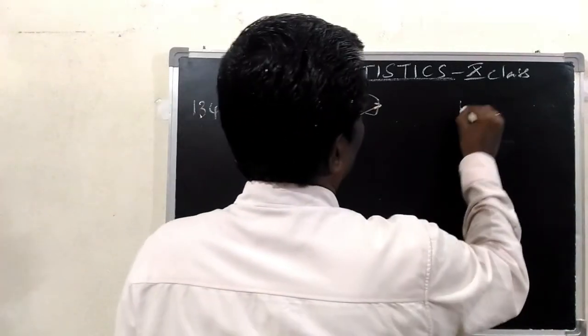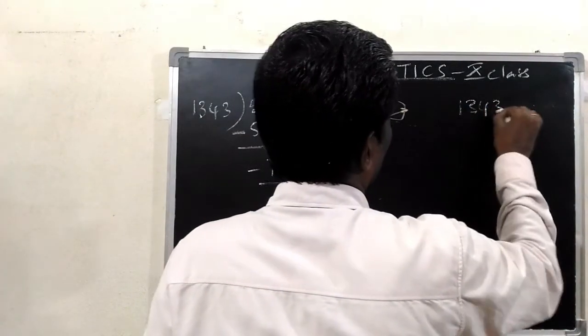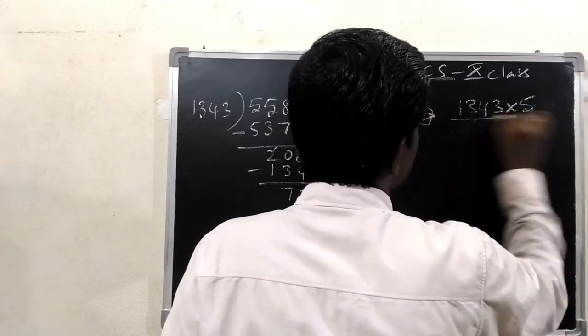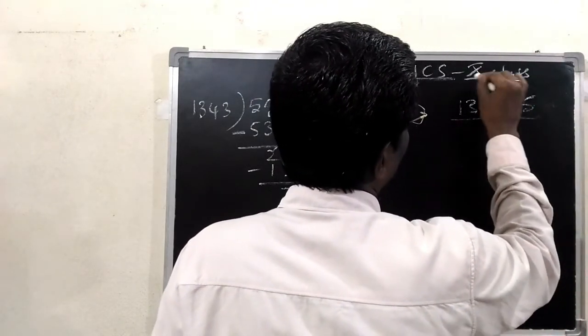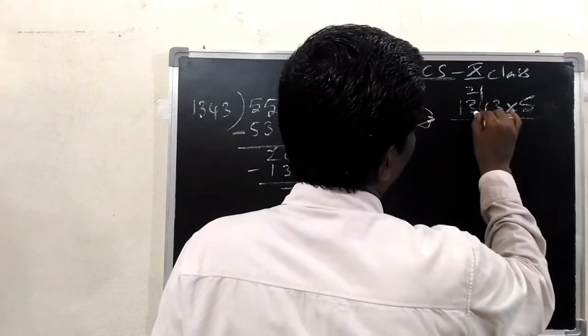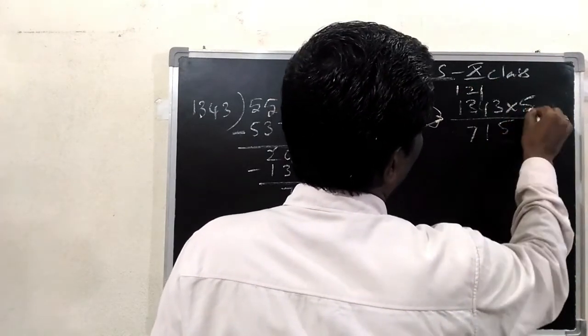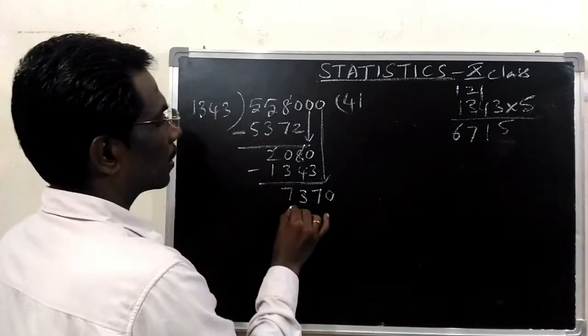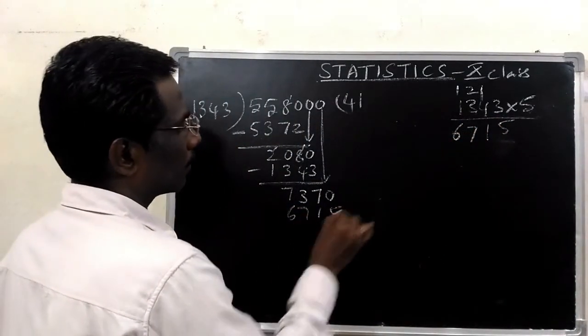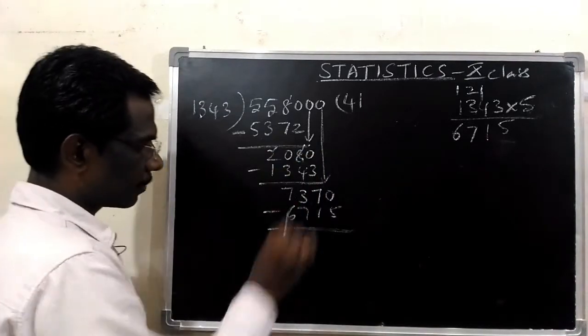So in 1343, 5 3s are 15, 5 4s are 20, 21, 5 3s are 15, 17, 5 1s are 5, 5 plus 1 is 6. So 6715, subtract it.